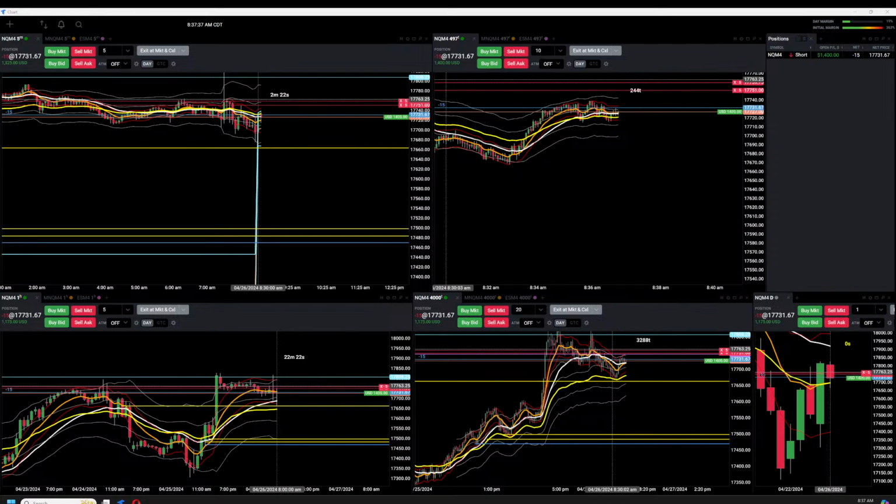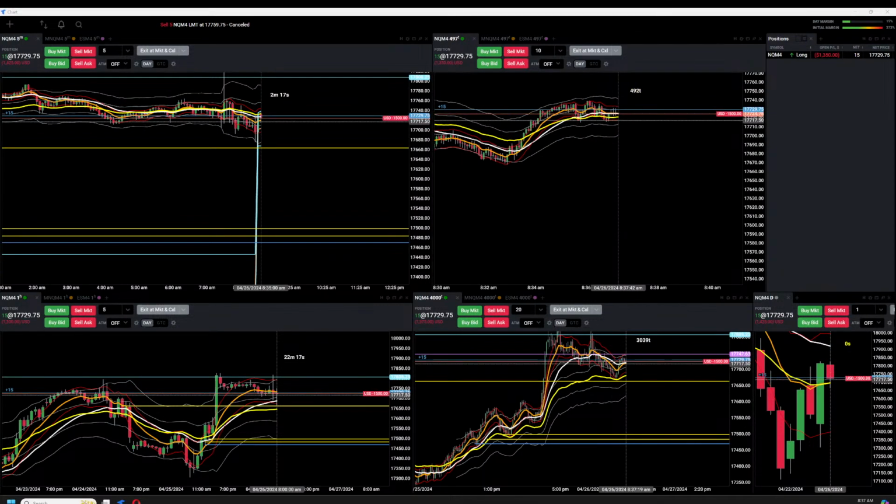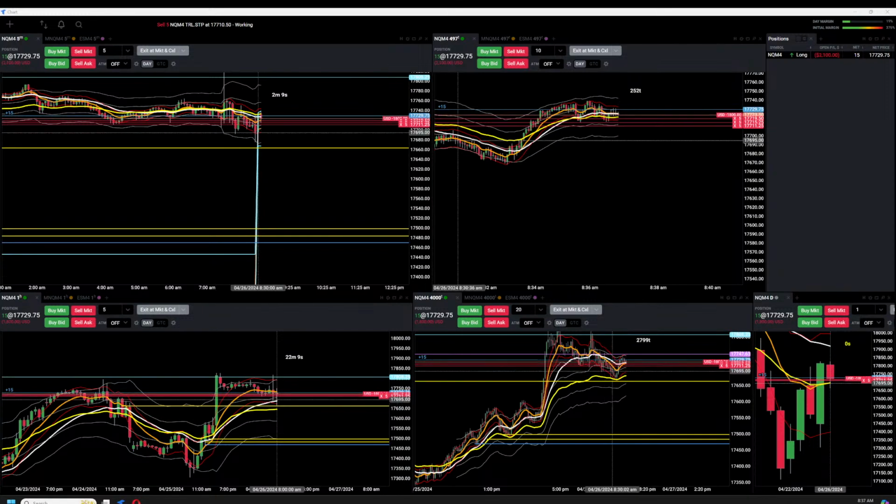It looks like it's going to probably rip up. I think it's going to go to that level.